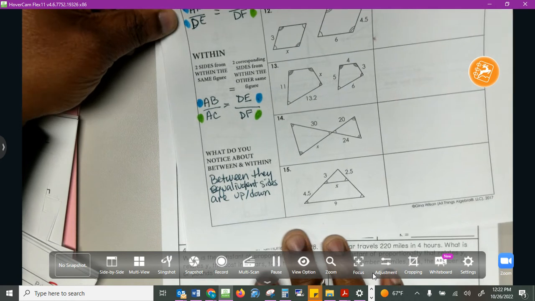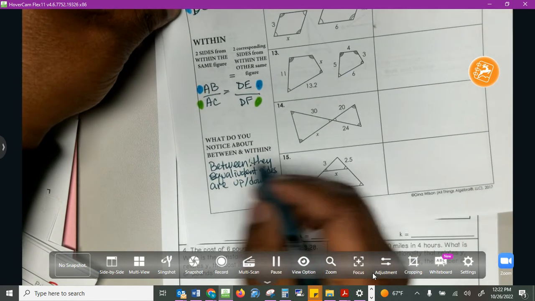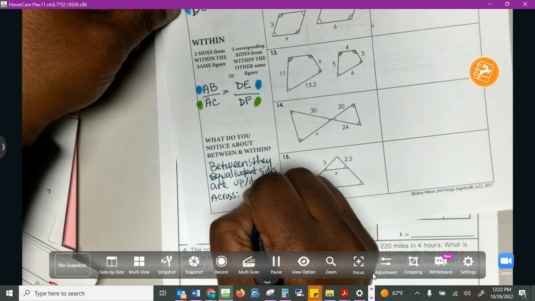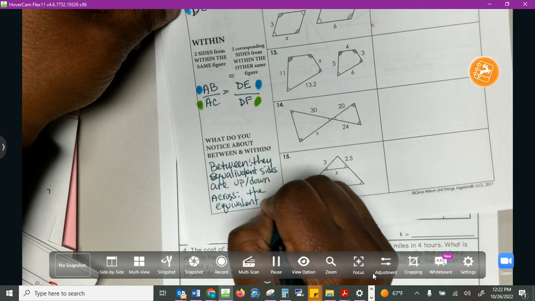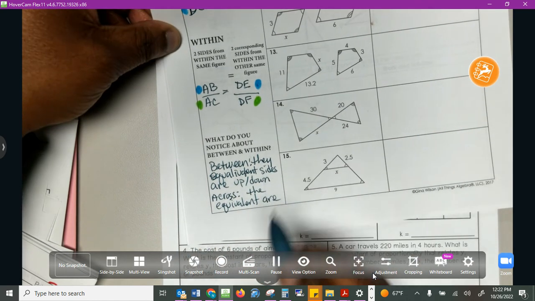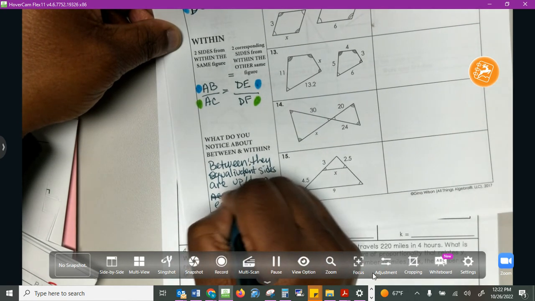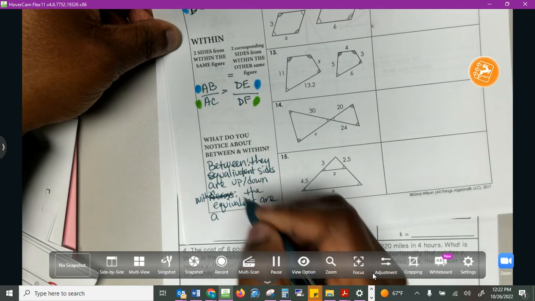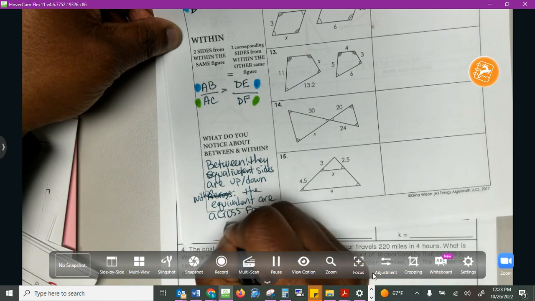Between, the equivalent sides are up and down, and with the cross, the equivalent, within, they are across from each other. So this should not say across, this should say within. The equivalent are across from each other.